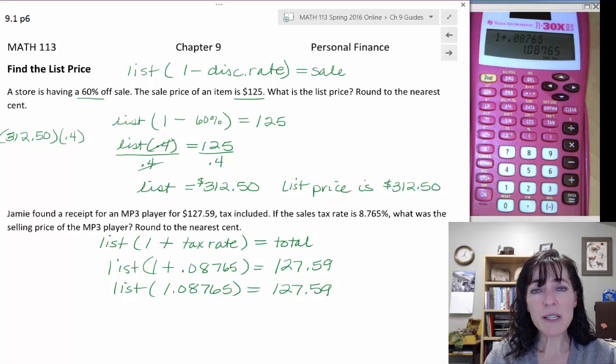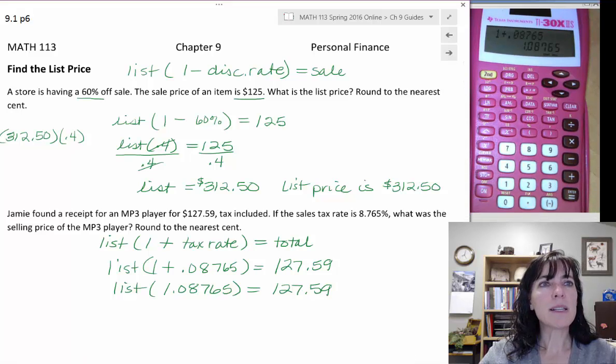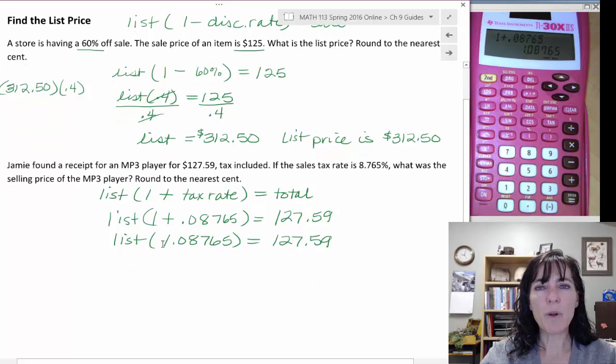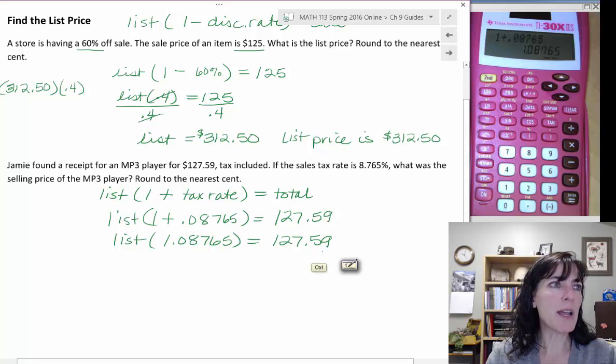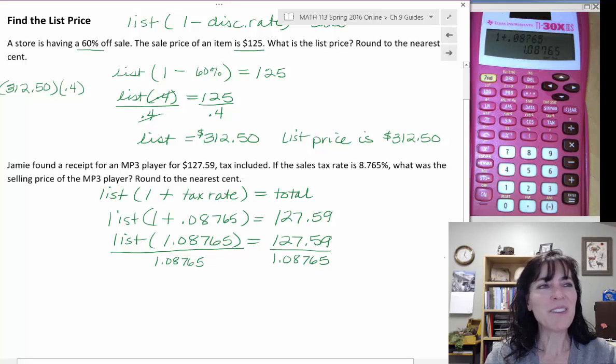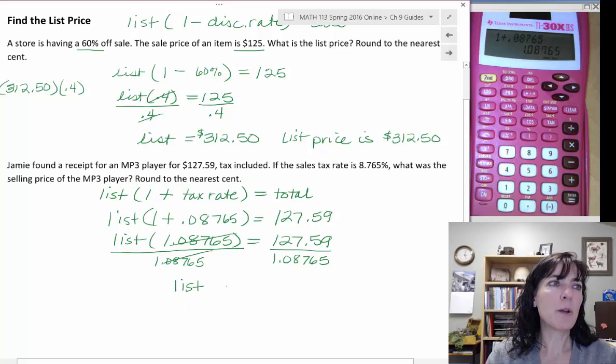Now again, I want the list by itself, and since it is being multiplied by that 1.08 and so forth, I will divide, that's the opposite of multiply, divide both sides by the 1.08765, and on the right, I don't want it to get lonely over there, divide those, and anything over itself reduces to 1, and then when 1 is multiplied by the list, I still have the list.